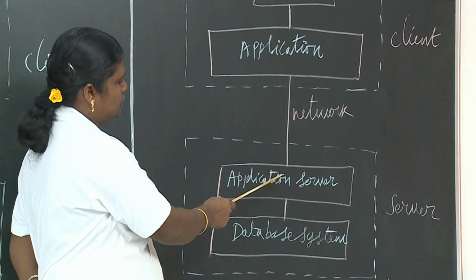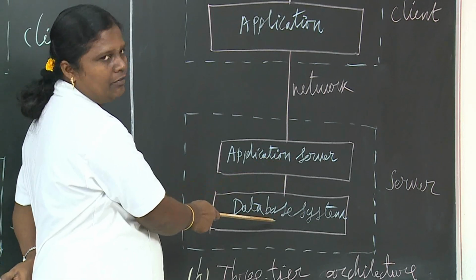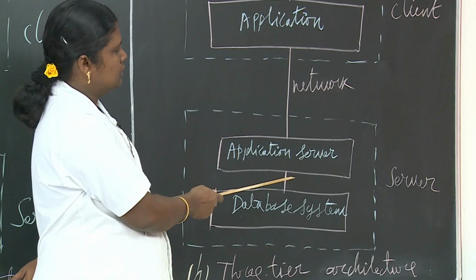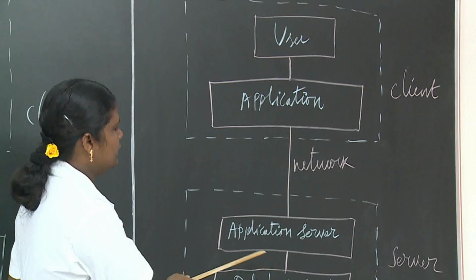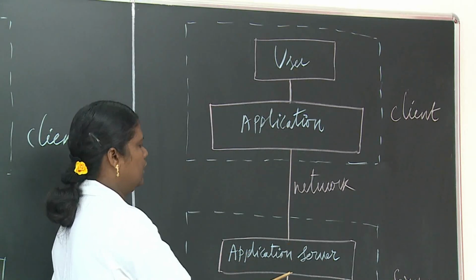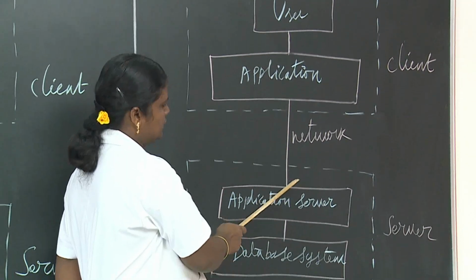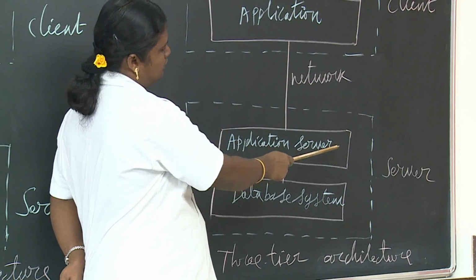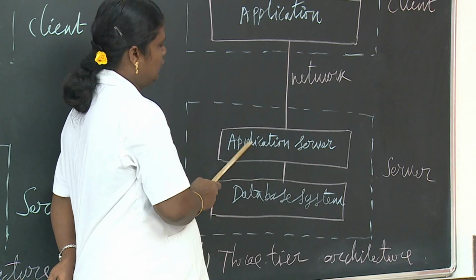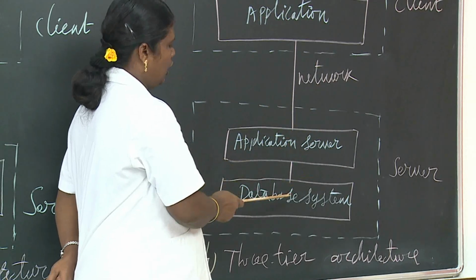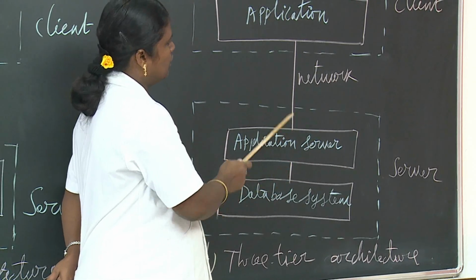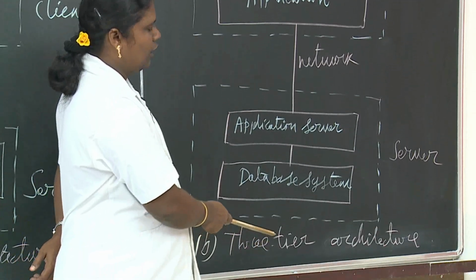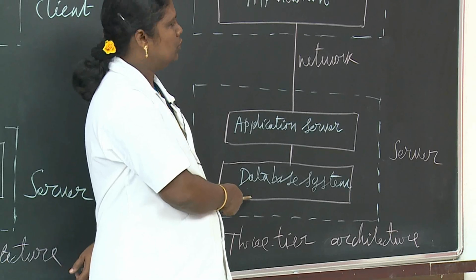This application server extracts the data from the database system, whatever data may be required by the user. That is the purpose of this application server. It sends and receives the data from the user. So the server side actually includes this application server along with the database system, through the network resources. In this way the three-tier architecture is different from the two-tier architecture.